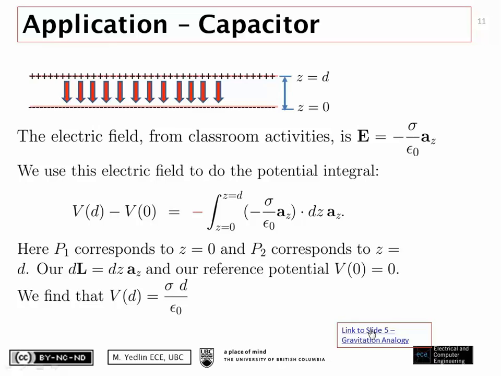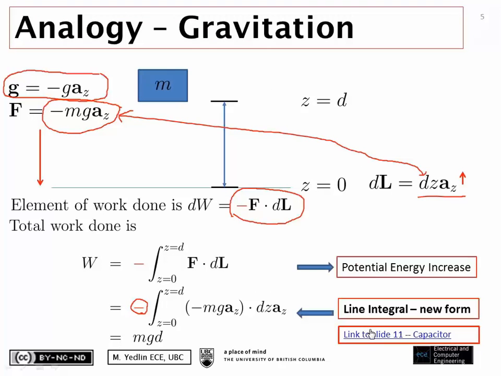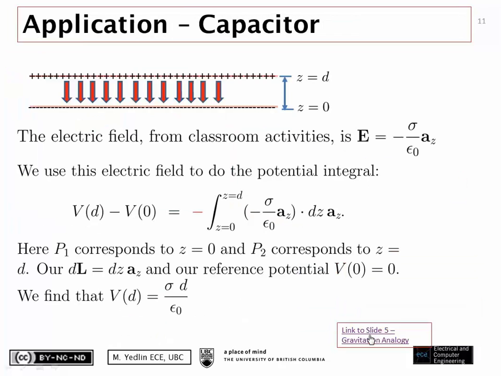This is exactly like our gravitational case. The force is minus mg times a_z, pointing downwards, and when we wanted to increase the potential energy, we went from z equals 0 to z equals d, and the potential energy was mgd.